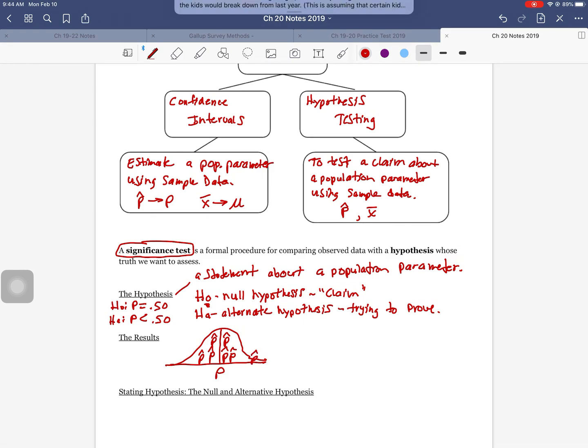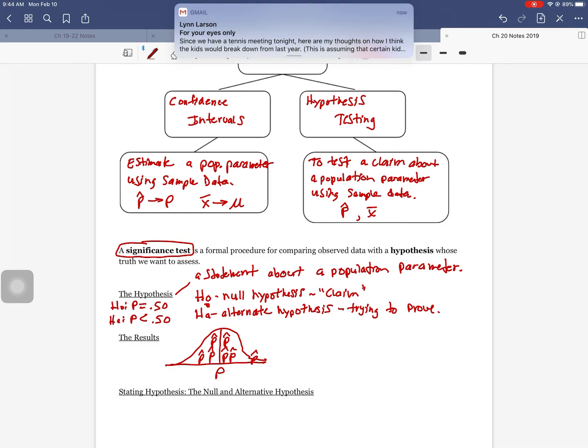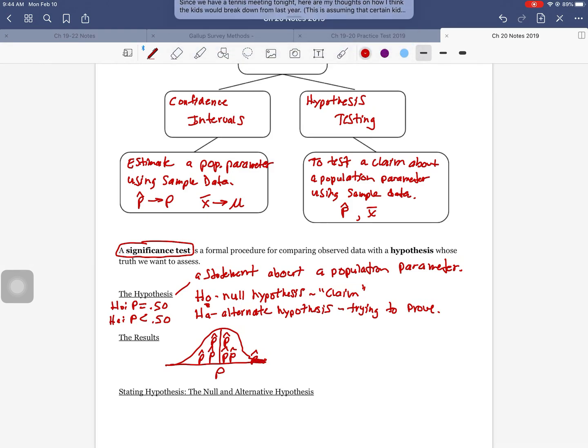But what we know about the ones that are further and further away from the mean is that these are very less likely to occur. And if our sample falls far enough away from what we think should happen, that would be evidence that maybe the null hypothesis is not true.